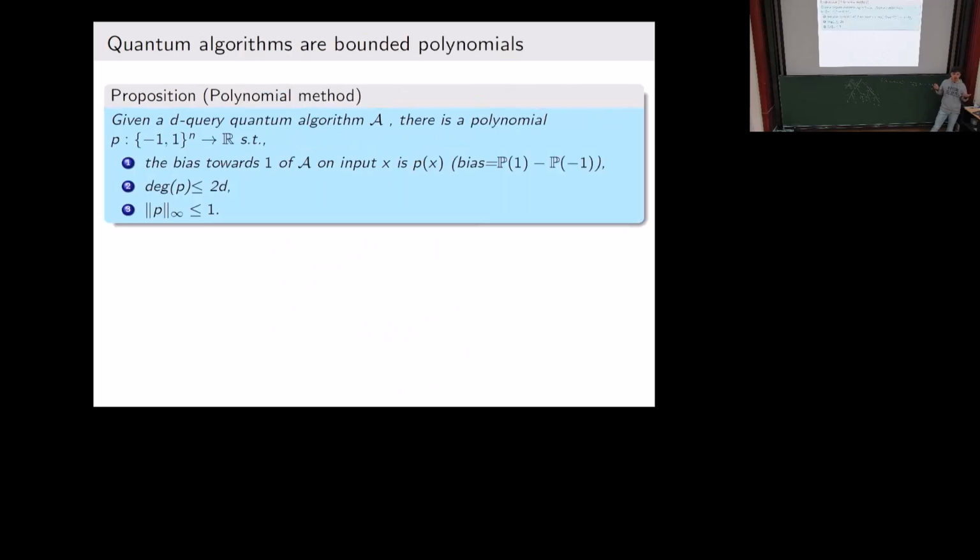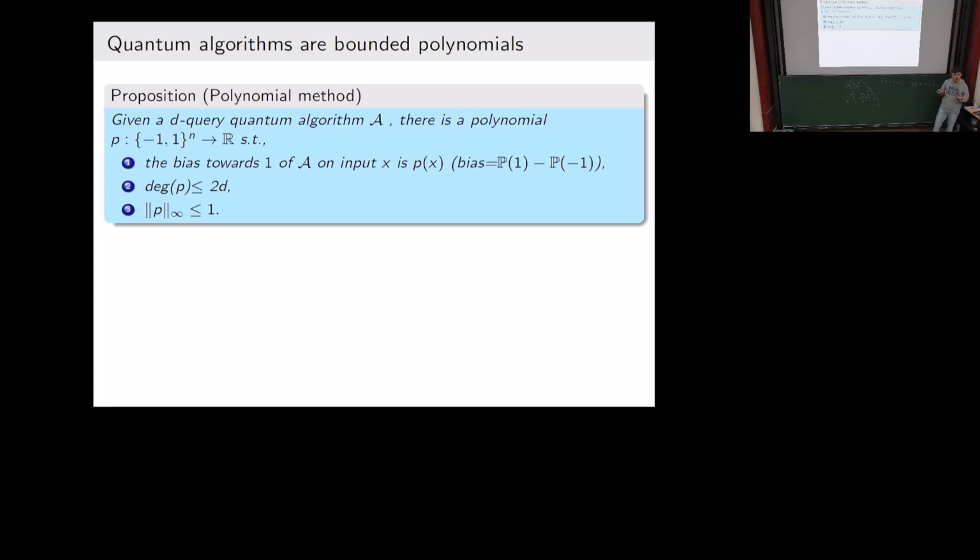Given a quantum algorithm that makes D queries, we pick the polynomial of degree at most 2D and infinity norm at most 1, and we want to evaluate that polynomial on an unknown input without knowing too many entries of the input. If we can do that, then we can simulate quantum algorithms. And if we can do that classically, meaning we ask for few entries of the input from the oracle, get some information about them, and then output something close to this polynomial.